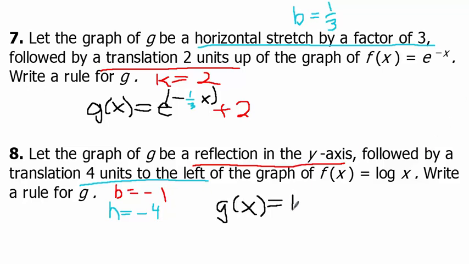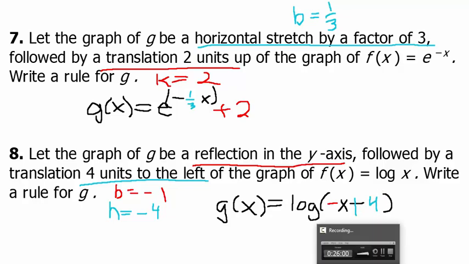I don't have an a. I'm going to need space for b and h. b is a -1. H, change the sign when I put it in.